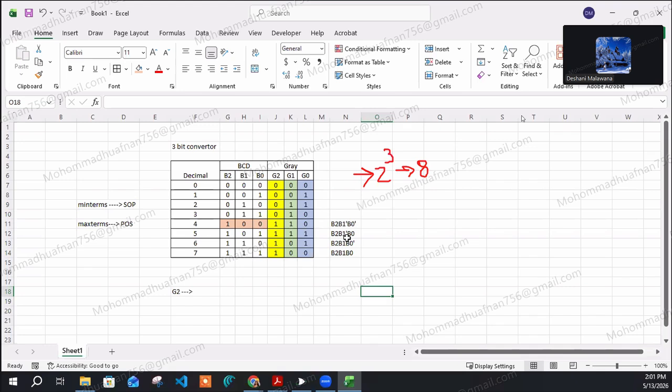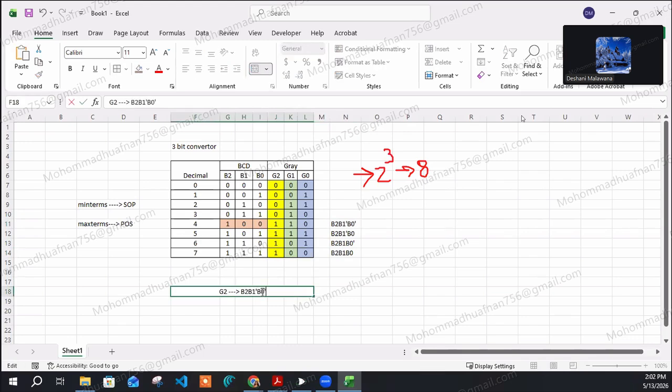B2, B1 dash, B0. No. B2, B1, B0 dash. B2, B1, B0. Okay. So these are the things that we have to consider for generating the equation for G2.